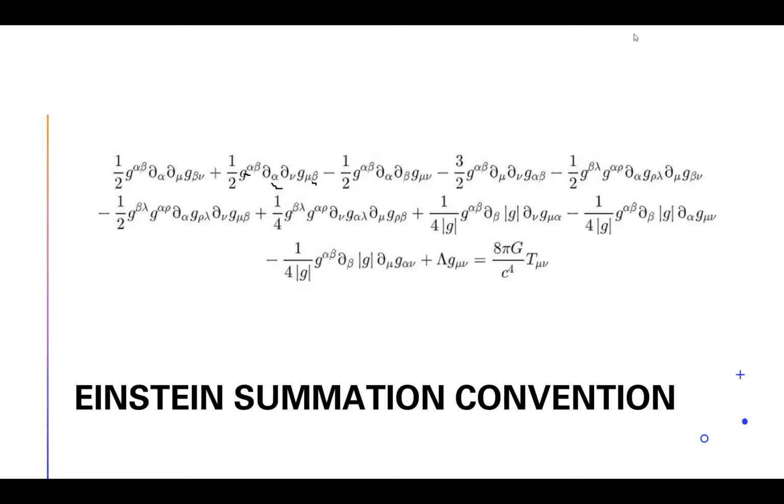And so when this is all completely written out, each individual term, so here's one term, two terms, three terms, and so on, each term is going to have 16 of its own terms in order to encompass all the indices equaling 0, 1, 2, or 3.